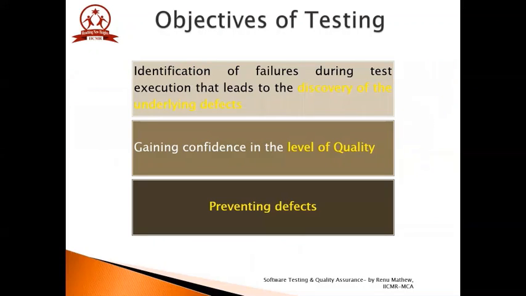From these, we can conclude that the objectives of software testing are identification of failures during test execution that leads to the discovery of the underlying defects, gaining confidence in the level of quality, and preventing defects as testing effort starts in the early phase of software development, which prevents defects escaping to the later phases of development.